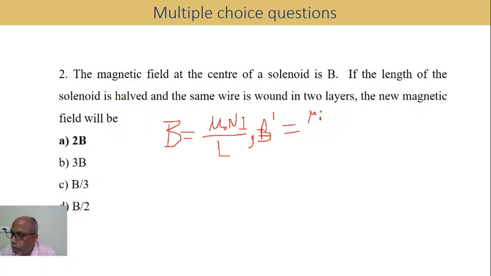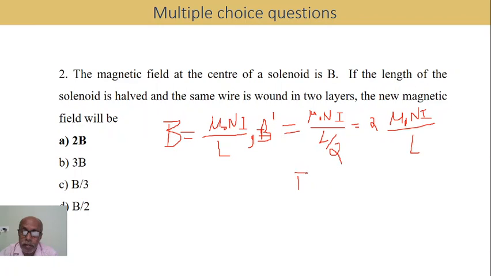B dash equals the number of turns in half the length remain the same, into I, divided by length, which has been reduced to half, therefore it is L by 2, or this is equal to 2 into mu naught N I by L, or B dash equals 2B.